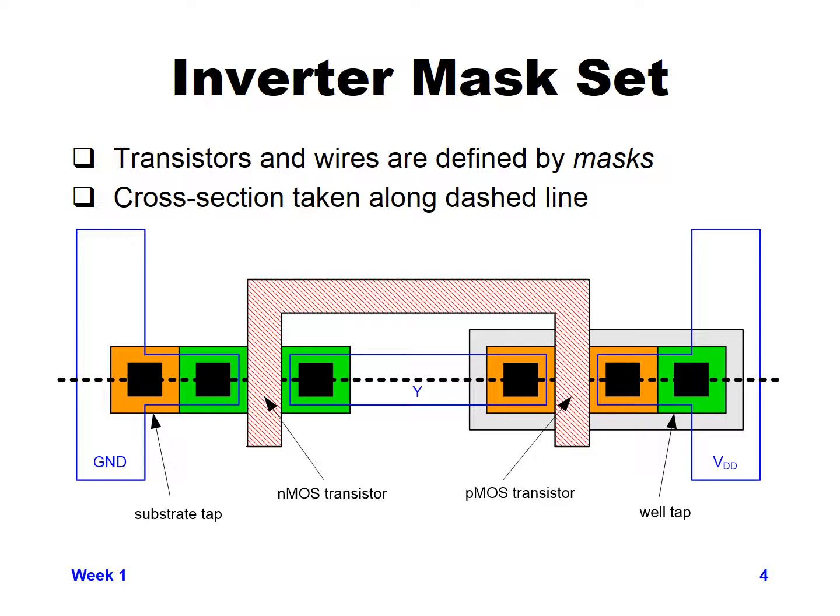As I said before, we use something called photolithography in order to build up and tear down material in such a way that we get the structure that I just showed in the previous two foils. So for the photolithography, in order to create the transistors and wires, we generate what are called photolithography masks.